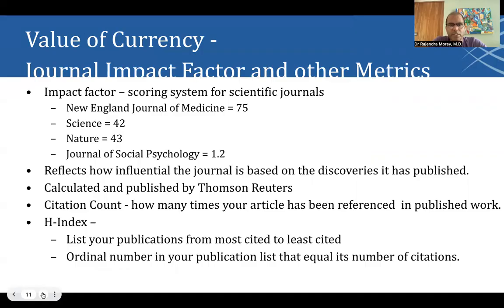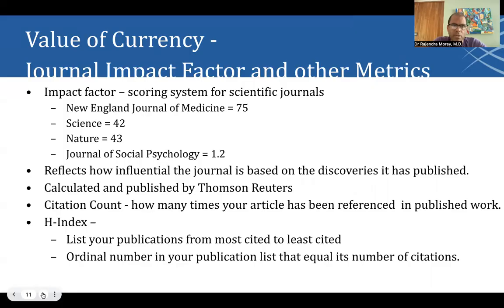Scientific journals are measured through a scoring system called impact factor. Pretty much all scientific journals have an impact factor. I've listed some with a very high impact factor, like New England Journal of Medicine, which means that their discoveries have advanced science, but there's a formula to calculate them.